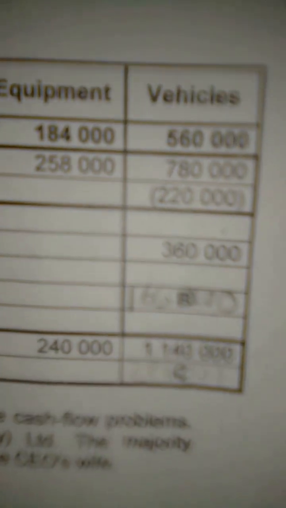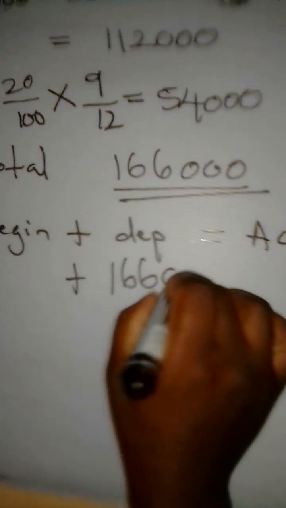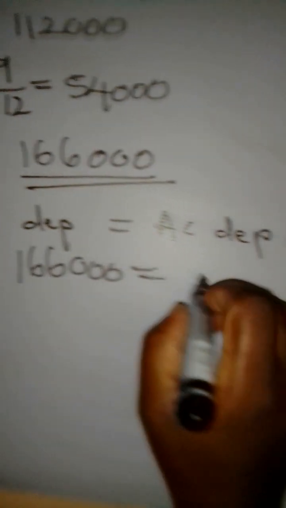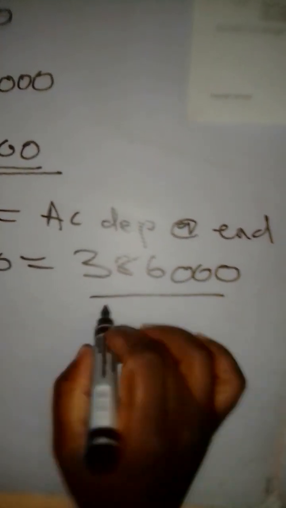The accumulated depreciation at the beginning is 220,000, and the depreciation for the year is 166,000. 220,000 plus 166,000 gives us 386,000, which is the accumulated depreciation at the end.